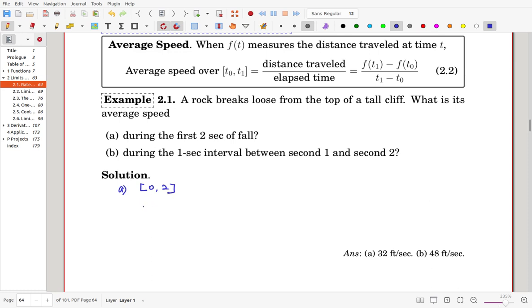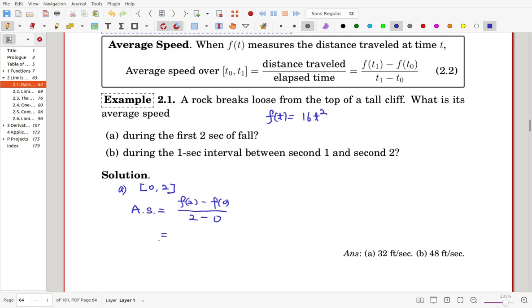So the average speed must be f of 2 minus f of 0 divided by 2 minus 0. What is f of t? Here we are using Galileo's free fall formula, f of t equals 16t squared, right?